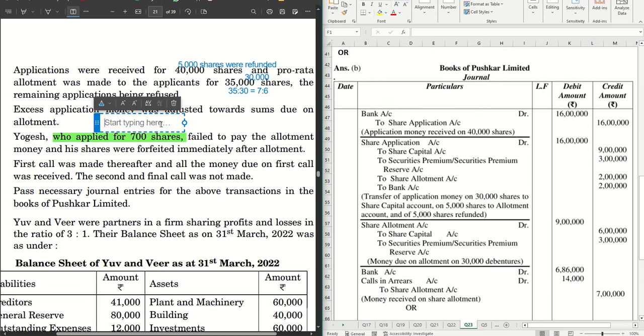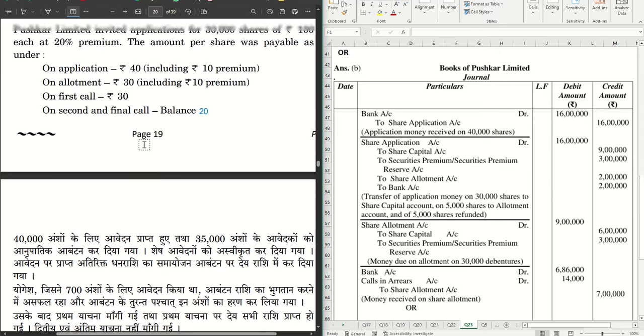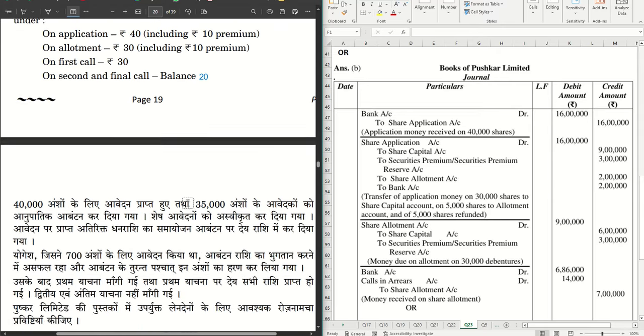So a simple way of calculating this is 700 into 6 by 7, which is 600. So Yogesh was allotted 600 shares. Now, when he applied for 700 shares, he paid the application money for 700 shares. So on 100 shares, he has paid the application money extra. So how much did he pay? If you look at the application money, that was 40 including premium.